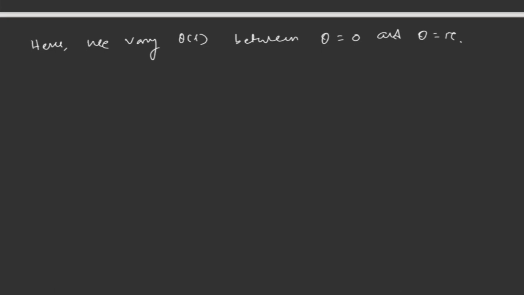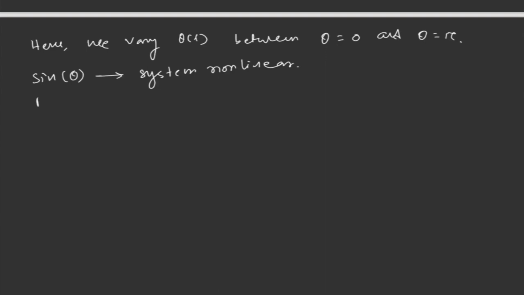Now if you look at equation number 1, due to the sine of theta, the system becomes nonlinear, right? So now we'll approximate this sine of theta about the equilibrium point theta equal to 0.